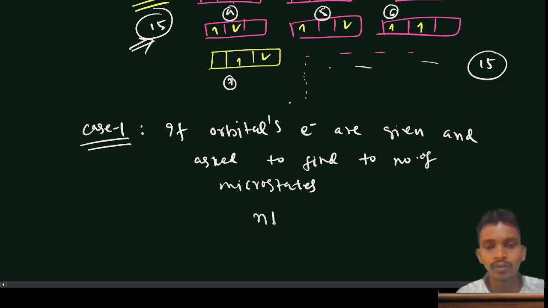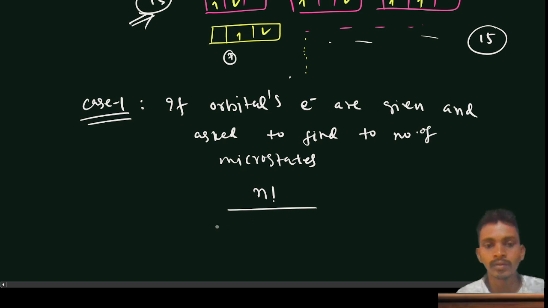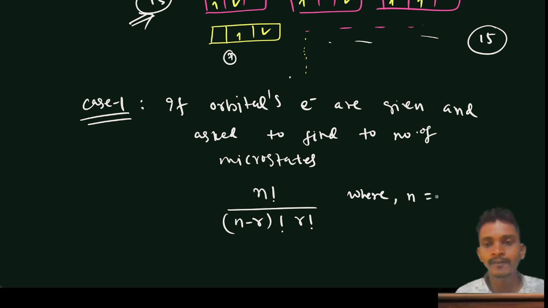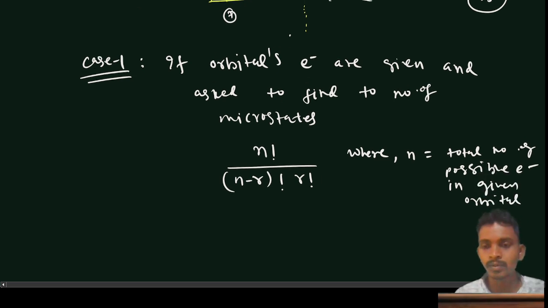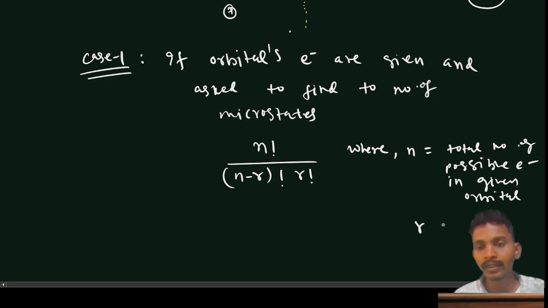The formula is n factorial divided by (n minus r) factorial into r factorial, where n represents the total number of possible electrons in the given orbital, and where r represents the number of electrons given.